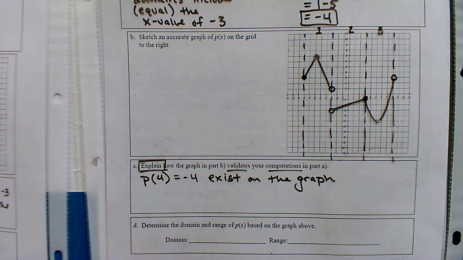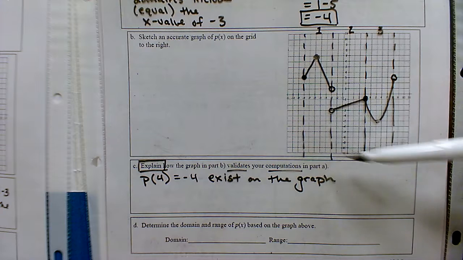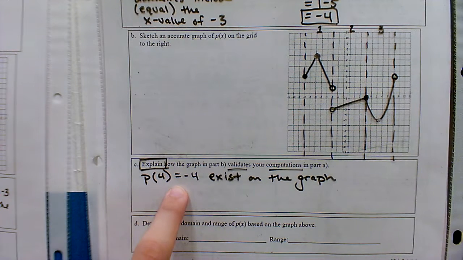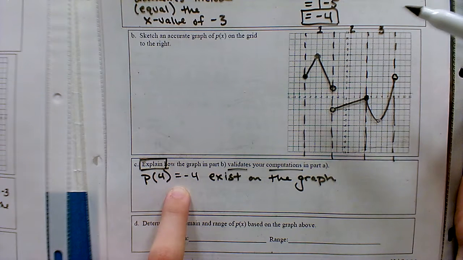Can you tell me where it's located? From the third equation, okay. So from the equation it exists, that's what we did in part A. But where on the graph is this computation showing up? What do you think, Tori? In that first area, it's on the line.